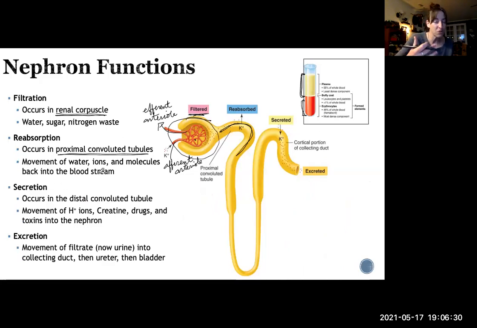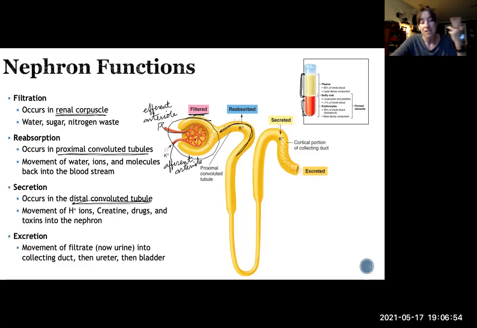Secretion, for the most part, happens in the distal convoluted tubule, and it deals in those hydrogen ions that you want to take out to maintain the pH of the blood. Creatine, which is a molecule involved in ATP recycling and a weird supplement that bodybuilders use that you don't really need.